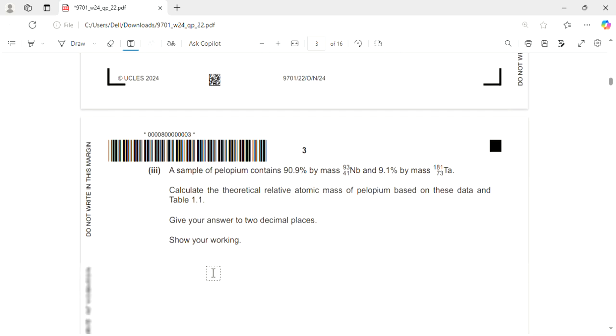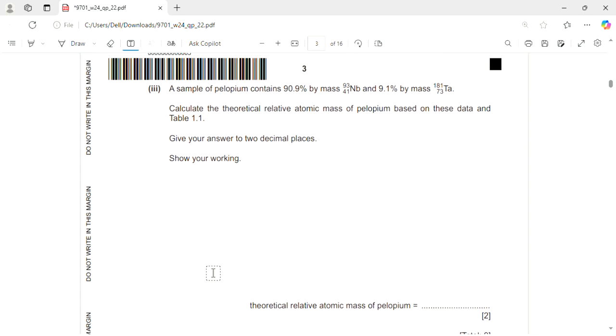Now move to the next part. A sample of fallopian contains 90.9% by mass of the element Nb-93 with 41 protons and 9.1% by mass of the element Ta-181 with 73 protons.